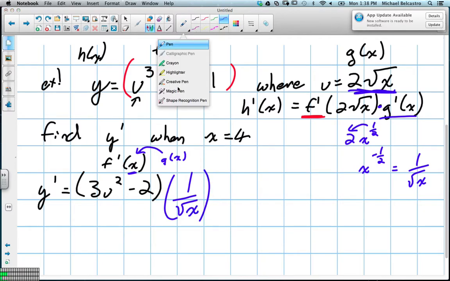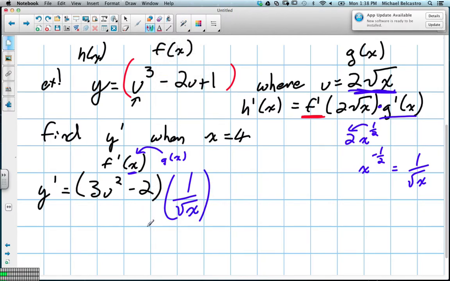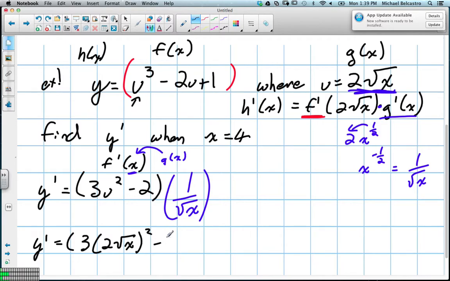Now we have this in two different terms. I can plug my 2 root x in for my u, and then simplify from there if we like. So we have y prime is equal to 3 times 2 root x squared minus 2, multiplied by 1 over root x.